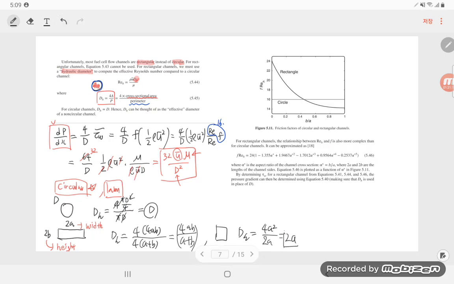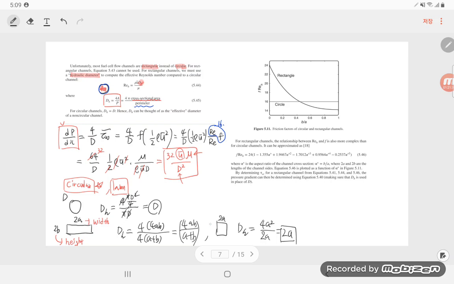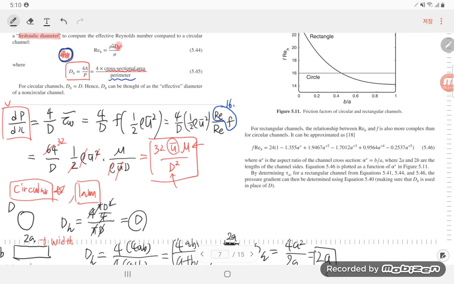So 2a is the hydraulic diameter, the length of this one. Okay, this is the definition of the hydraulic diameter. So if you find this one, then you can solve this. You can insert this d into the Reynolds number.